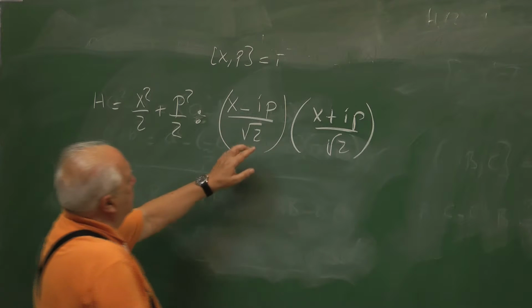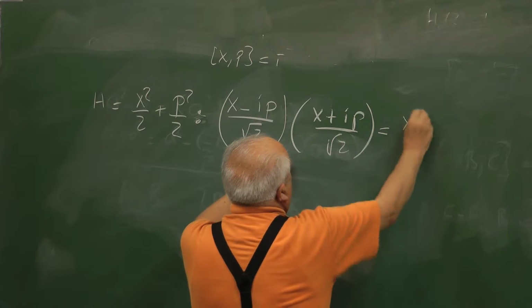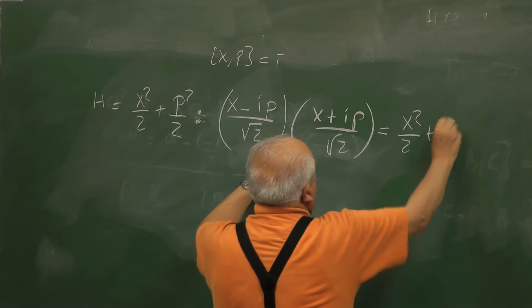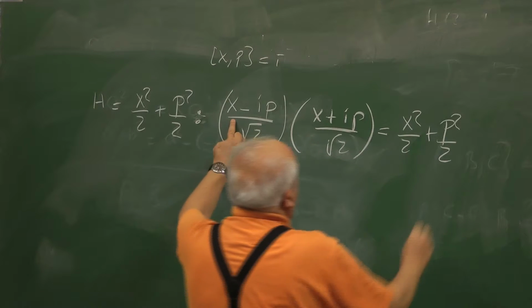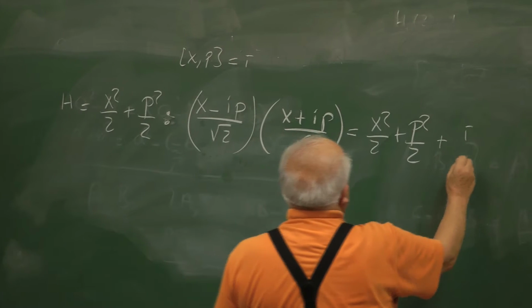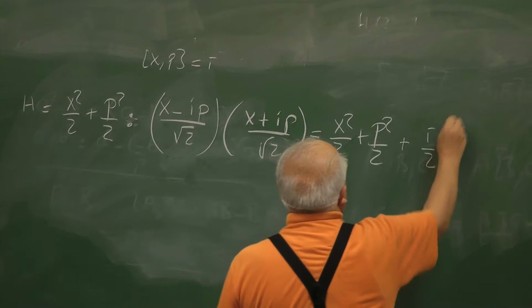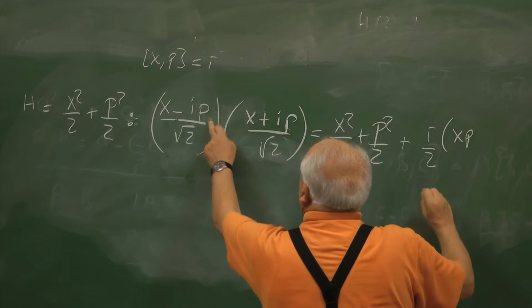Let's see what this leads to. First of all, we get the squares, so we have x squared over 2 plus p squared over 2. But then we have I over 2 times (xp minus px).